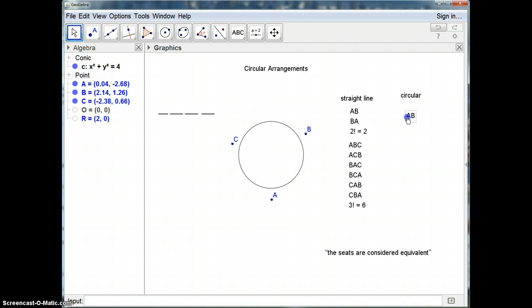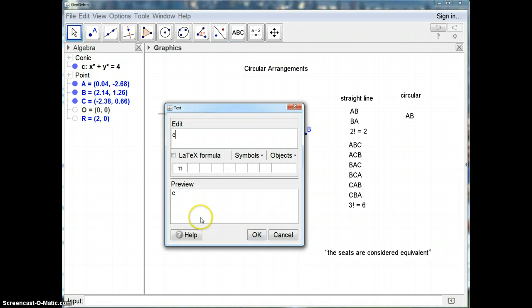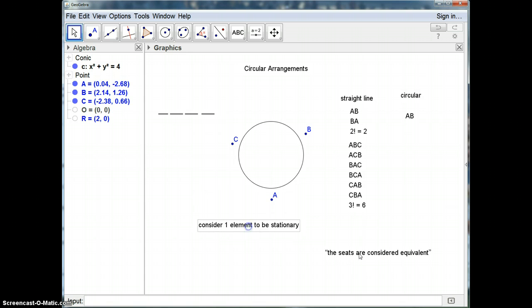We only had one arrangement, AB, when we arranged two people in a circle. Now we're looking at 3 people. In these questions, you always consider one element to be stationary. That would be your first step. We do that because all the seats are considered equivalent.